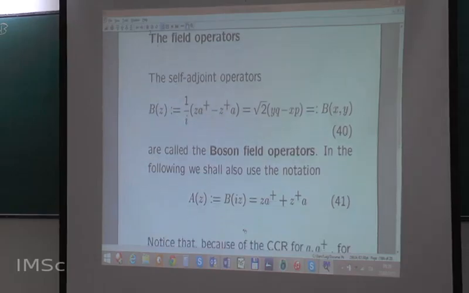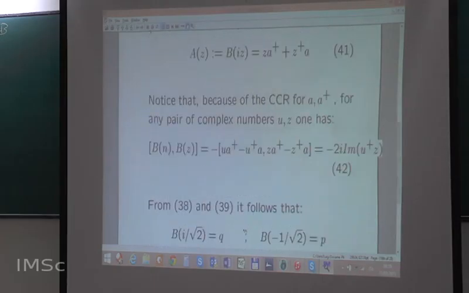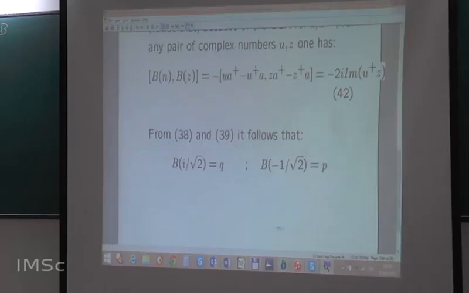Of course, the field operators in the Bernoulli case, which are the Fermi field operators, are bounded because their square is equal to a constant, while the boson field operators are unbounded. And we have these commutation relations, which give the symplectic form given by the imaginary part of the scalar product.